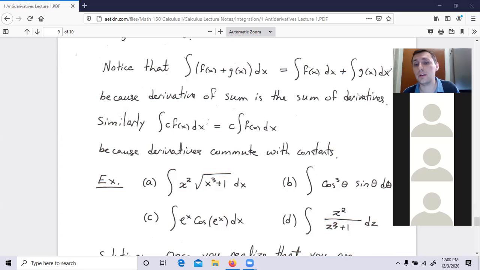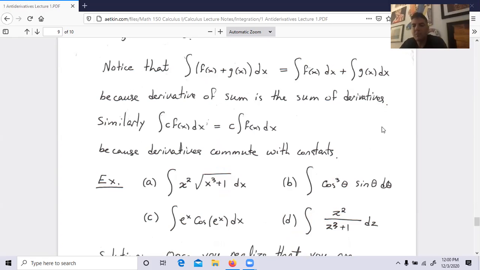All right, so not all of them look so nice. Maybe some of them make you confused. Let's see, what about D? Can you tell me what is the answer to D? It's z squared over z cubed plus 1. Can you recognize what might have been happening here?